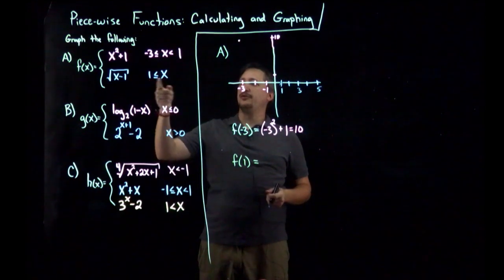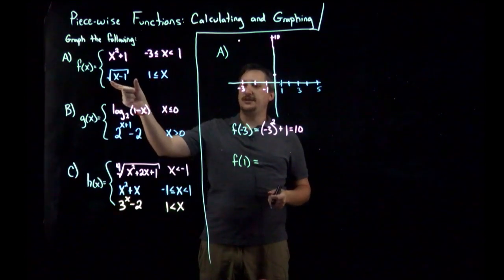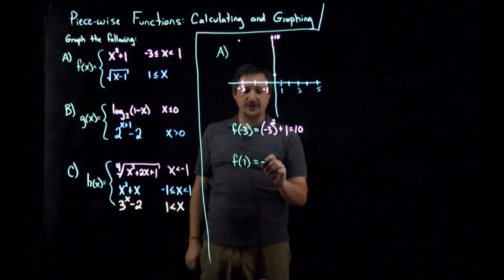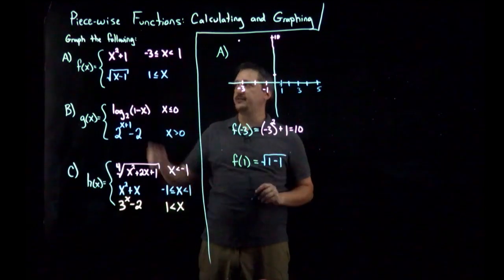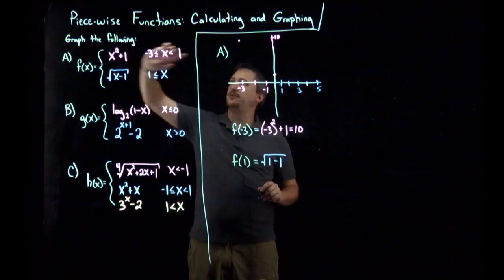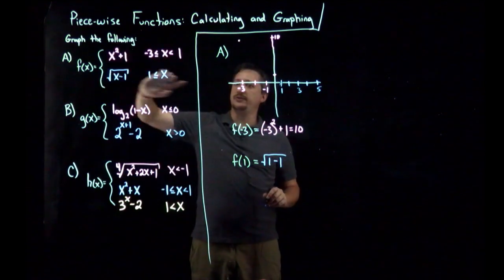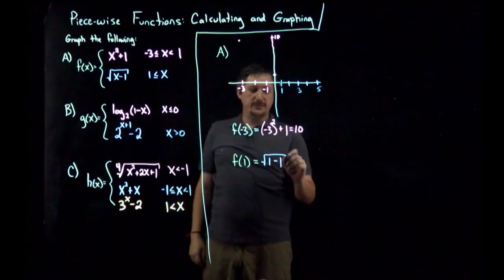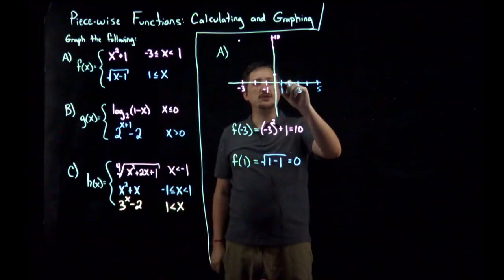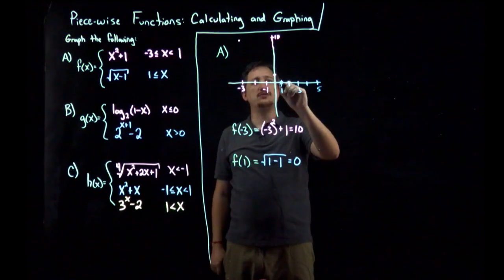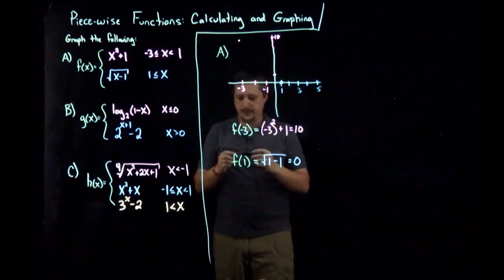It is, however, greater than or equal to 1, so it would be this piece, right? So I would actually get square root of 1 minus 1, because now it's in this domain, so that piece I don't care about, right? So it's only this piece that I care about. This would be 0. So at 1, I get 0, and it's a closed circle, right?